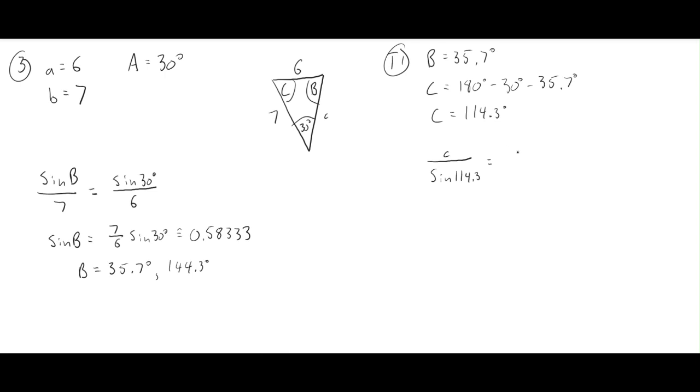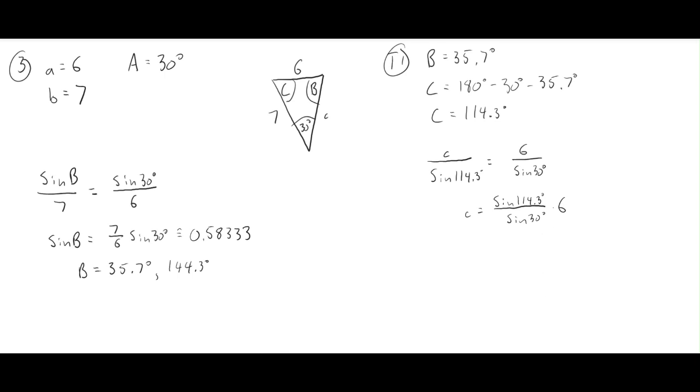The side length of A was 6, and the angle for A was 30. So C is going to be sine 114.3 degrees, divided by sine 30 degrees, and then times 6.